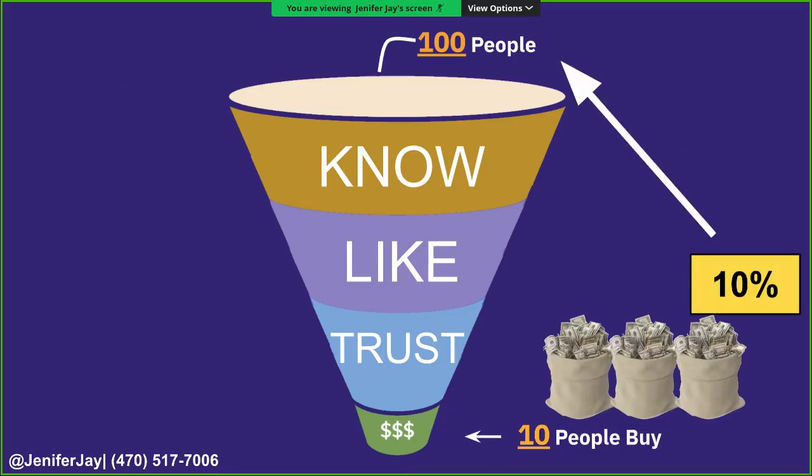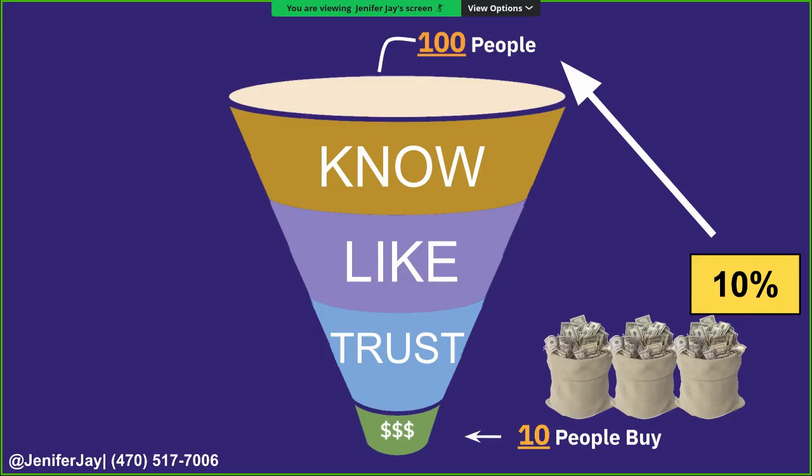Let's just say you look at your numbers in your business and you say, my conversion rate is at 10%. Again, I'm using this for math. It could be 3%, it could be 2%, it could be 1%, it could be 0.5%. You're going to have to do the math for your own business. But if we have 100 people and the conversion rate is at 10%, once they go through the process, only 10% of them may buy, right? Only 10 people may buy out of 100 because we're converting at 10%.